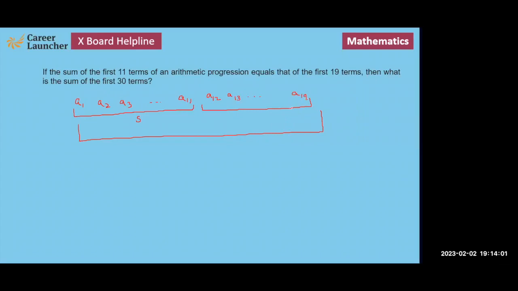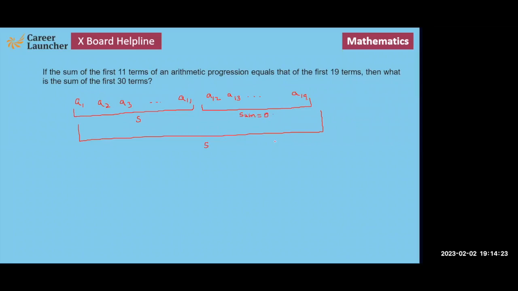Okay, so we can very clearly see in this case that this means this sum must be equal to 0.